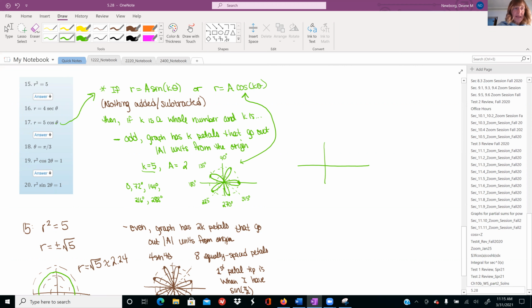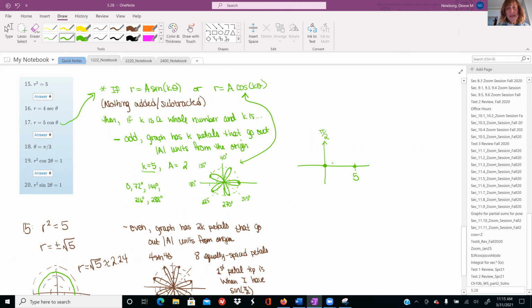And I know when I plug in 0 for theta, I would get 5. By the time I plug in pi over 2, cosine of pi over 2 is 0. So like if I think about, here's pi over 2, but if I plug that in, I get 0. Radius of 0 means at the origin. And I'm only getting one petal.